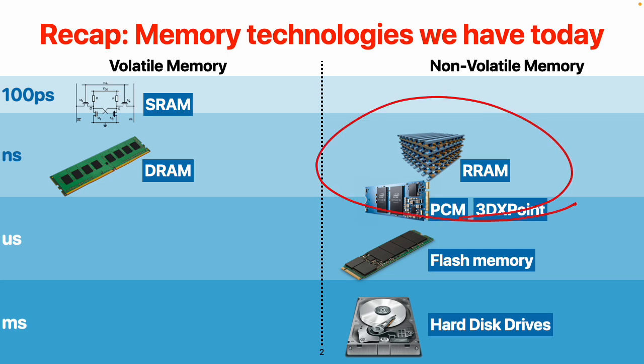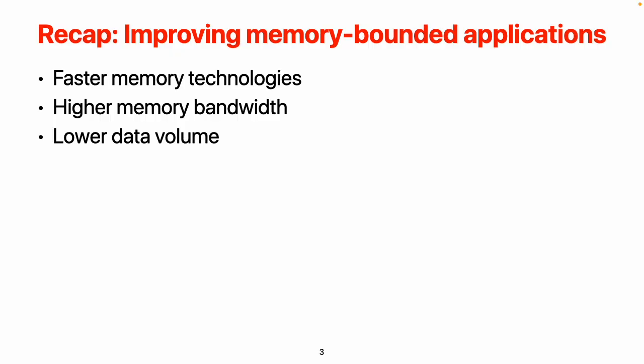A lot of people are talking about resistance memory, which has pretty short latency, but do you really see them in your computer systems? So manufacturing into real production is probably the largest issue with new memory technologies. And we talked about why memory is so important, because a lot of applications are memory bounded.